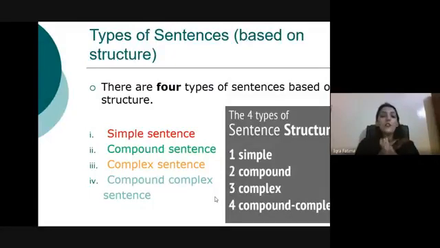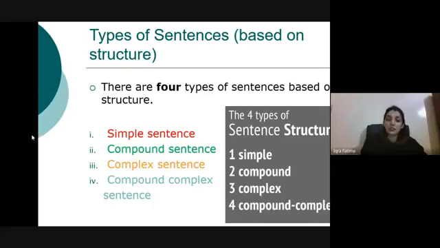There are different types of sentences based upon the structure. There are four types of sentences. We have just discussed a lot of structures on the basis of which you can write sentences. So, according to these structures, we have divided sentences into four types.